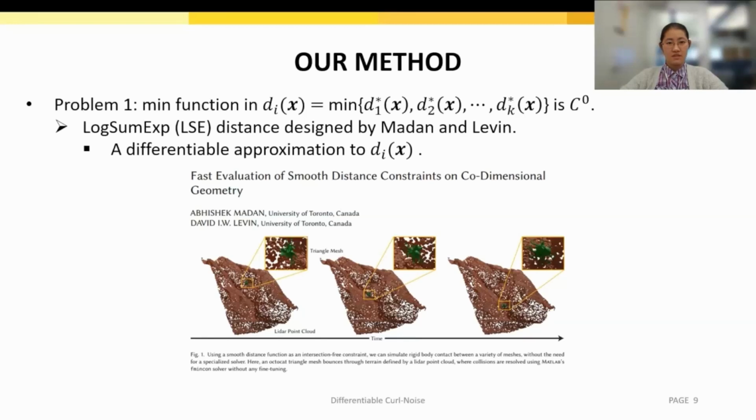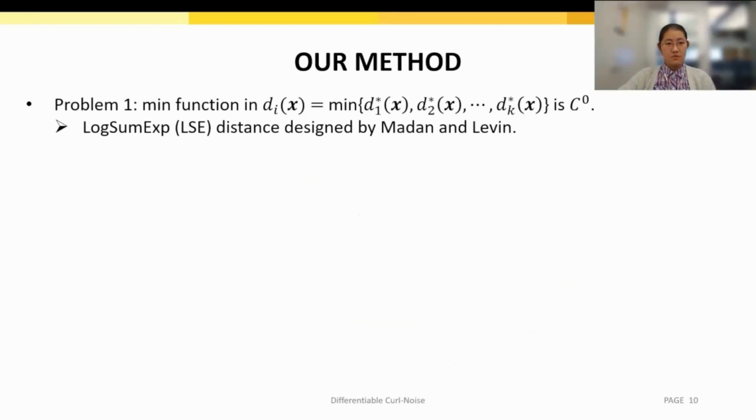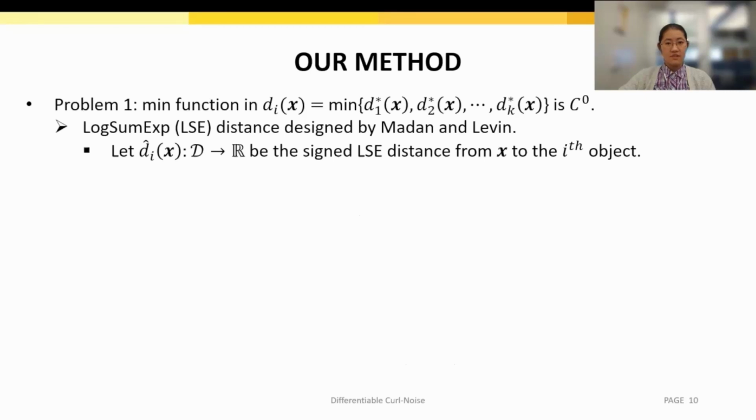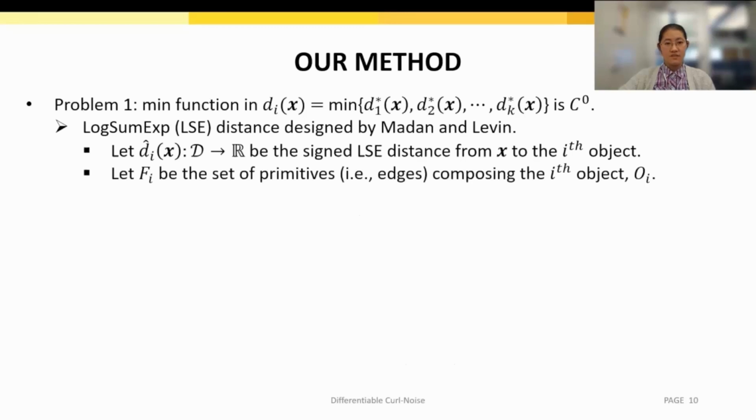To discuss this more, let us assign some new notations. Let d hat i of x be the signed LSE distance from the query point x to the ith object. Let Fi be the set of primitives composing the ith object Oi. For polygonal objects, Fi is just a set of edges.